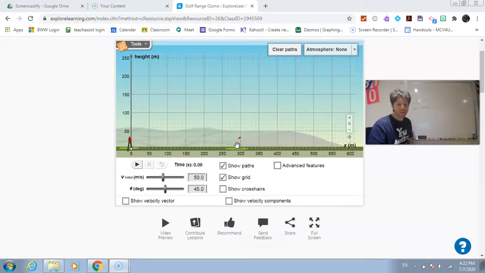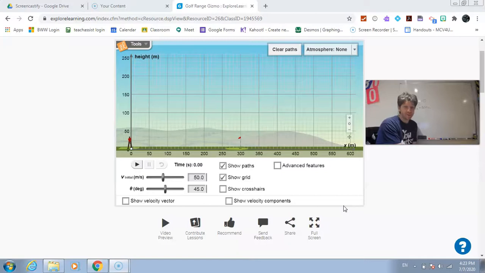Okay, what else do we know? We're going to launch it at some angle and at some initial velocity so that we perfectly get a hole in one. Now to make things easier, I can say we're going to launch it at 45 degrees. Why 45 degrees? You might remember in grade 11 we talked about 45 degree being the optimal angle to get the maximum range for a projectile.